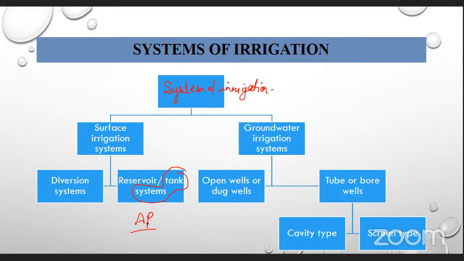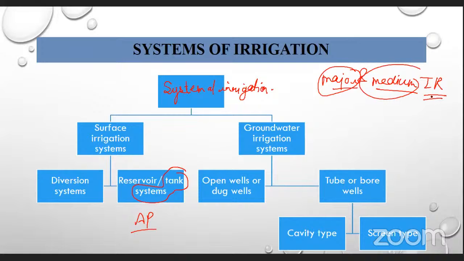There are several reasons for the decline in tank irrigation. First, we are not maintaining the tank system due to the major thrust we are giving to major and medium irrigation projects. Before independence, major and medium irrigation projects were not very prominent, but after independence they came into play, and because of that we focus less on the tank irrigation system.